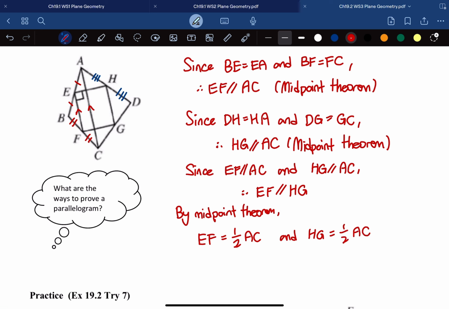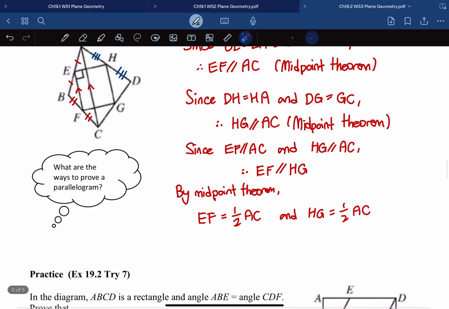If you recall the midpoint theorem, in this triangle over here, I know that HG is half of AC. In this triangle over here, I know that EF is half of AC as well by the midpoint theorem. Therefore, since EF is half of AC and HG is also half of AC, EF is equal to HG.